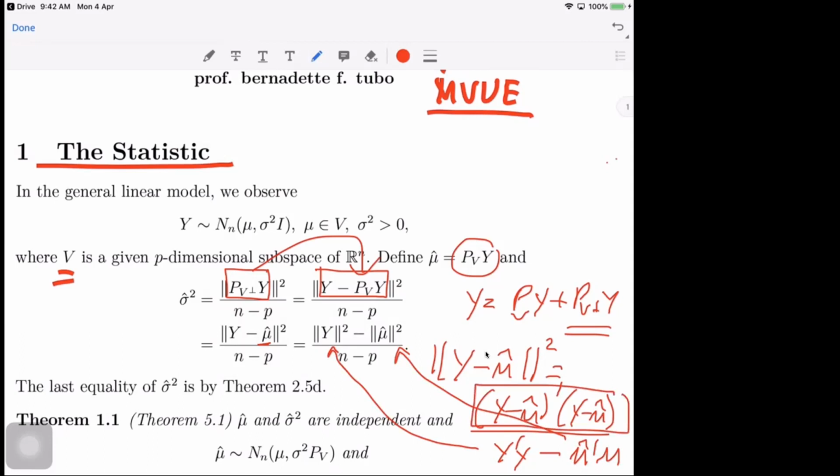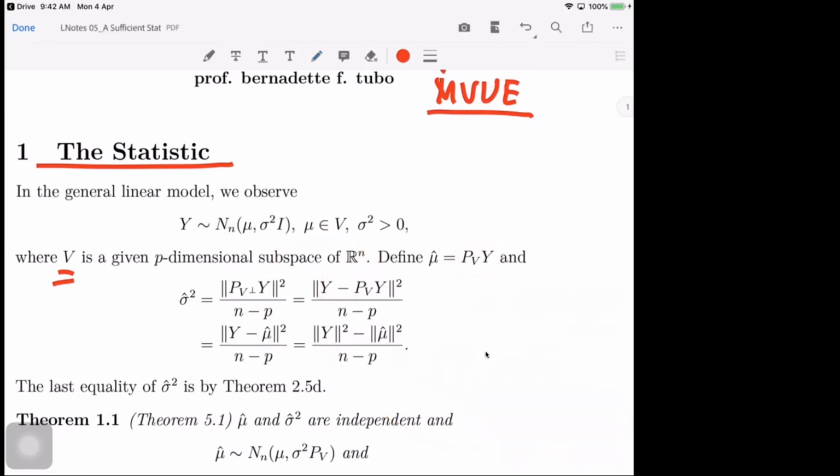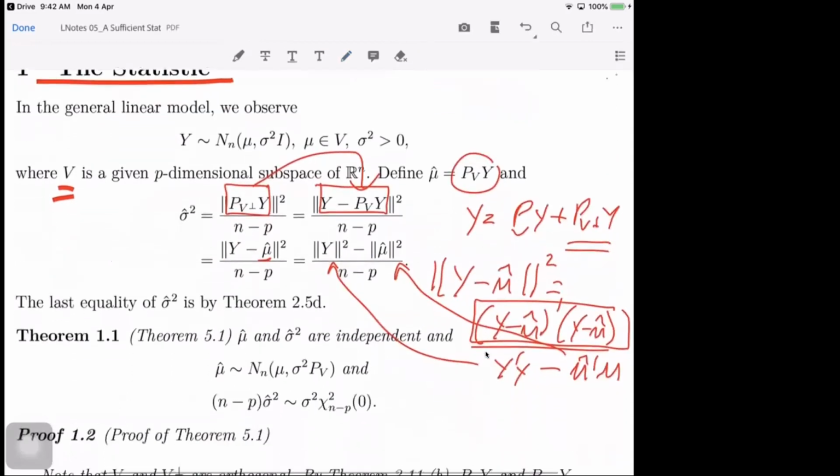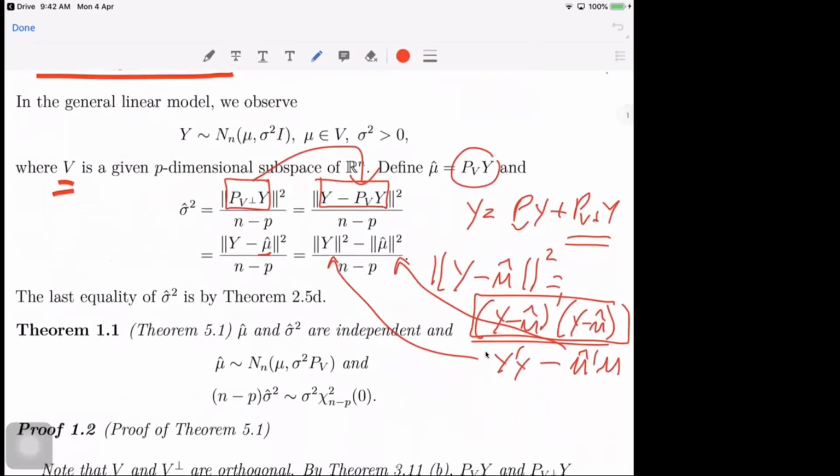Why do you think? Because you will have a middle term here, the middle term with y prime mu hat and mu hat prime y. Now, why is the middle term not 0?